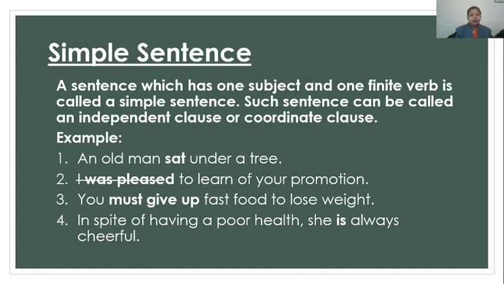An old man is my subject in this sentence, and sat is the finite verb. Keep in mind, ma'am is talking about the finite verb, not the helping verb, the auxiliary verb. So, sat is my verb. The sentence has only one verb and one subject. So, it is a simple sentence.